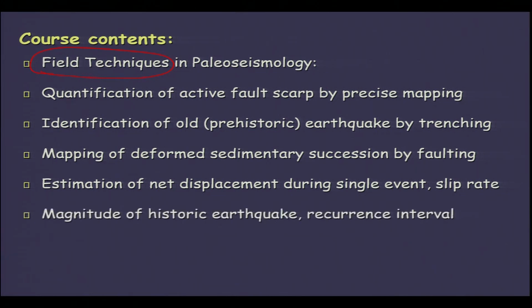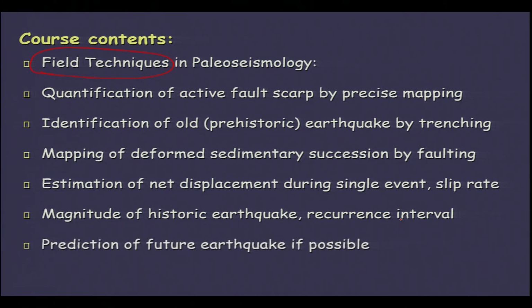We will talk about that. Then we can back calculate the magnitude of those historical earthquakes, or the paleo earthquakes or old earthquakes, based on our trench studies. Okay. And also we can talk about the recurrence interval. Then prediction of future earthquakes, if possible.